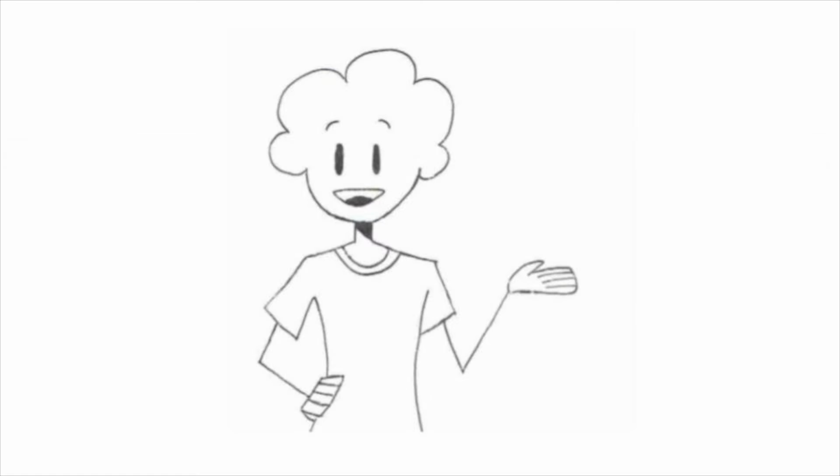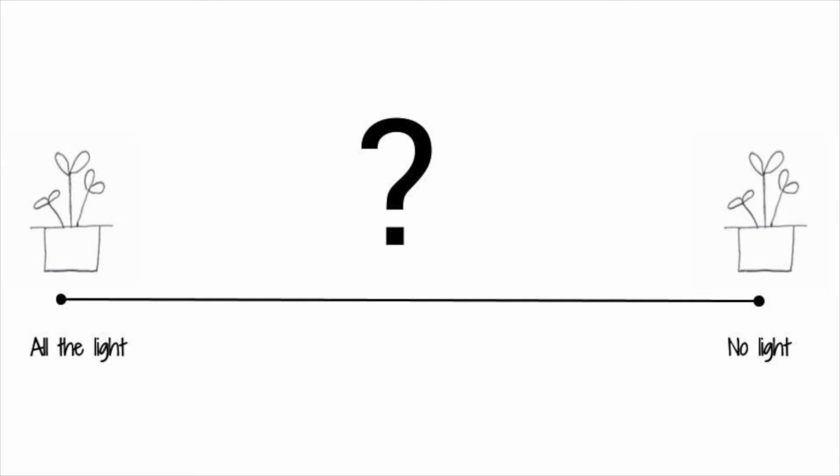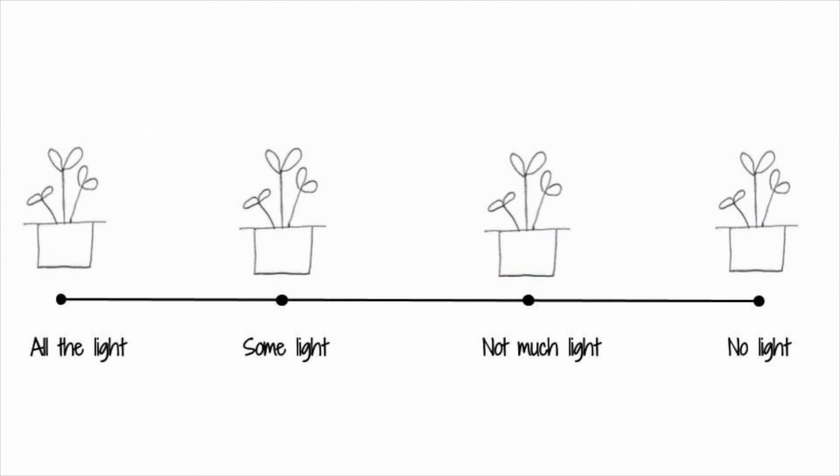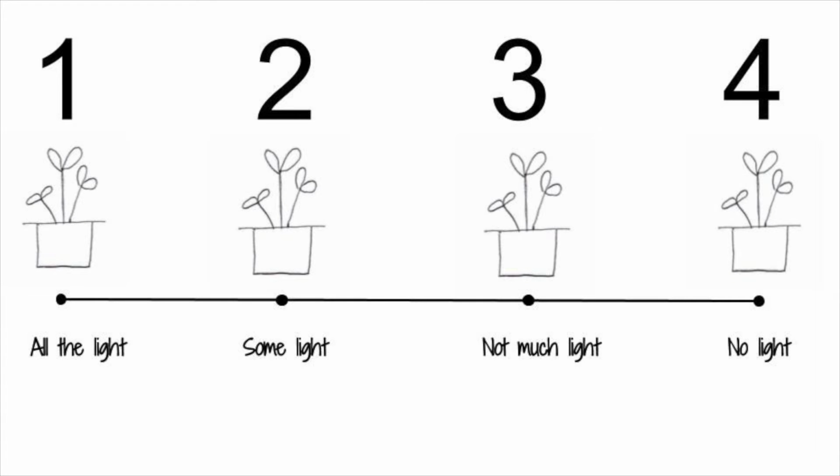We could have done this experiment with just these 2 plants, but that doesn't really tell us anything about what would happen to a plant which received an intermediate or medium amount of light. So we added 2 more plants to see exactly where a change in plant growth occurs. In this case, the sample size is represented by the number of conditions. Since there is only 1 plant for each condition we are testing, we have a sample size of 4.